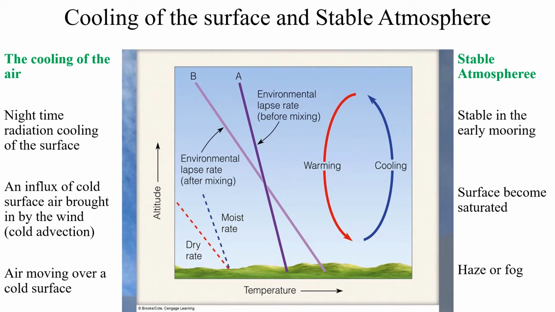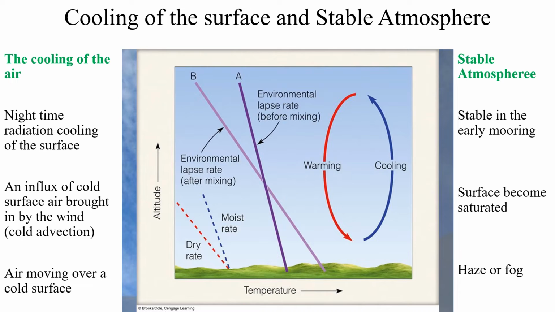The cooling of the surface air can be done by things like nighttime radiational cooling of the surface, or an influx of cold surface air brought in by the wind. We know that advection is the horizontal movement of the wind, so cold surface air brought from another place to a relatively warm place makes the adjacent atmosphere cool, heavy and stable.